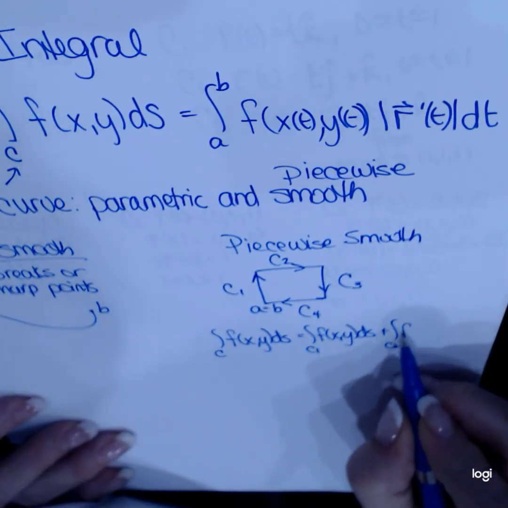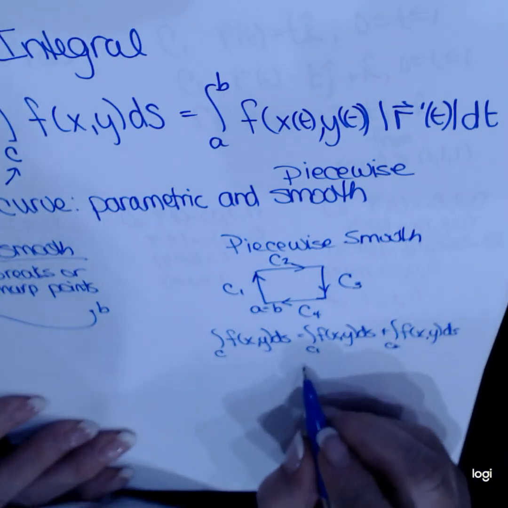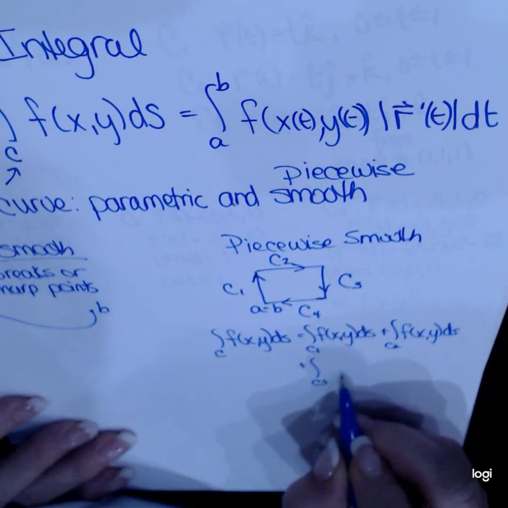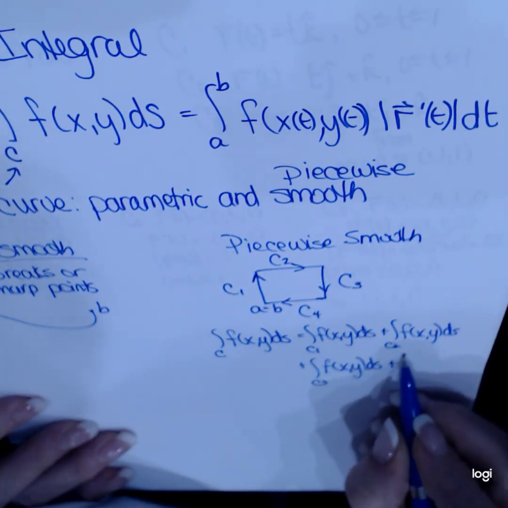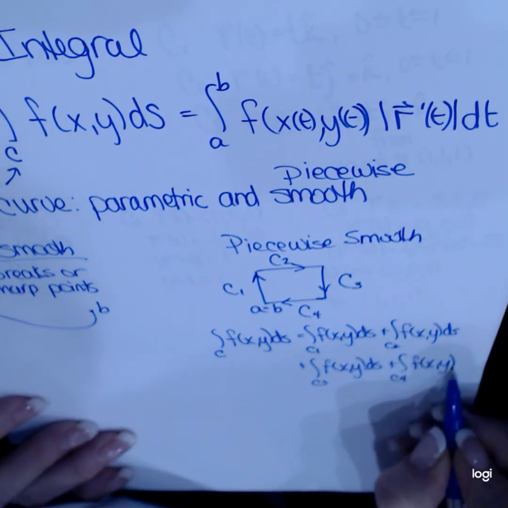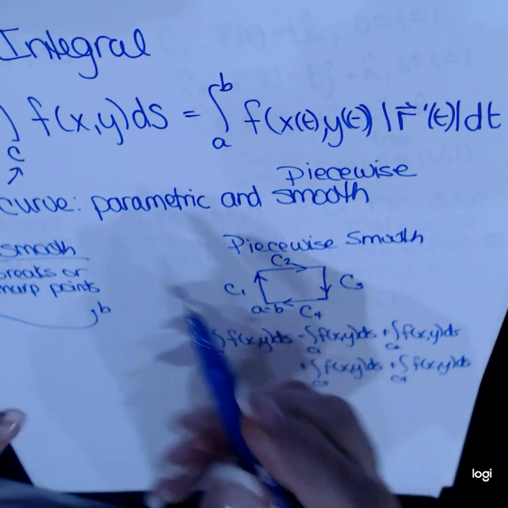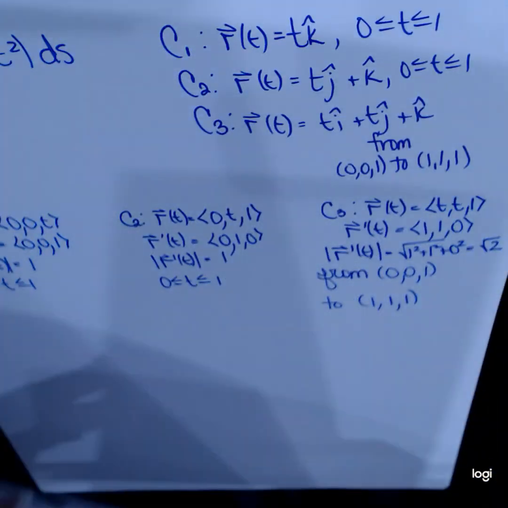So we would have to integrate over each of those curves, C1, C2, C3, and C4, and then combine them together in a sum. And this would give us the total line integral over that path. So again, what's important here is that the curve be parametric and piecewise smooth.